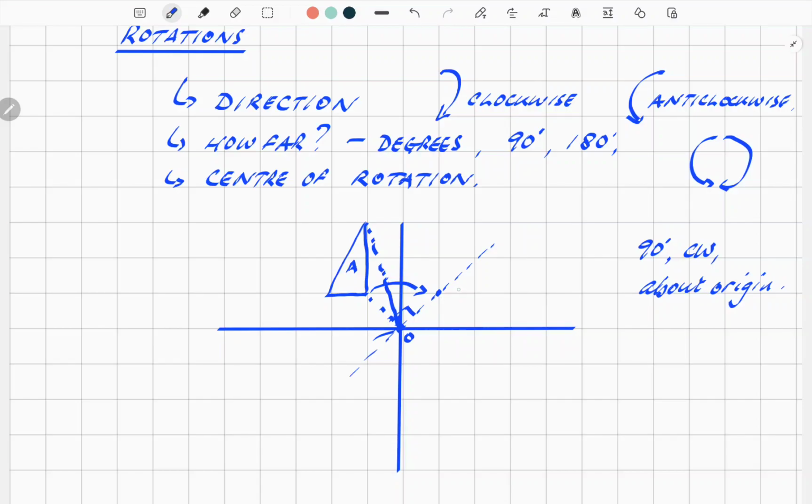I just want to make sure I'm doing this right. I think it goes somewhere like that, or not. No, sorry. I've got to get my angles right. Let's go back and do that again.